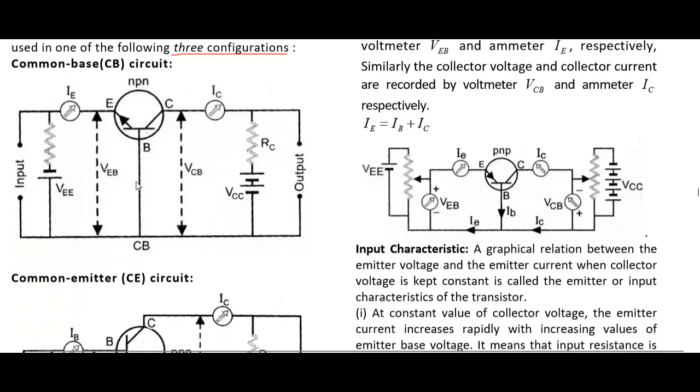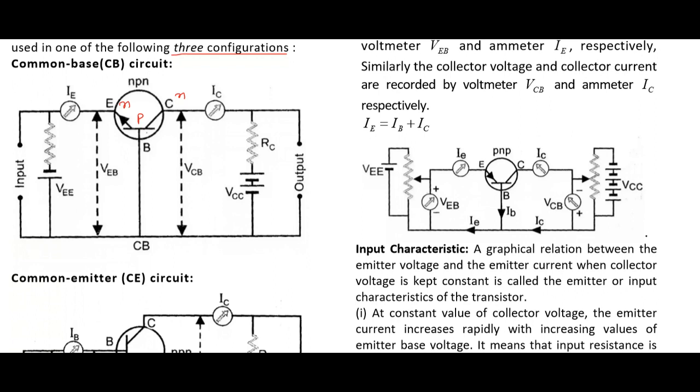The very first step that we have to decide is to ascertain what kind of connection this is. Base is common and arrow is always towards N terminal. It means this is N and this is P and this is again N. Now emitter base junction should be forward biased.